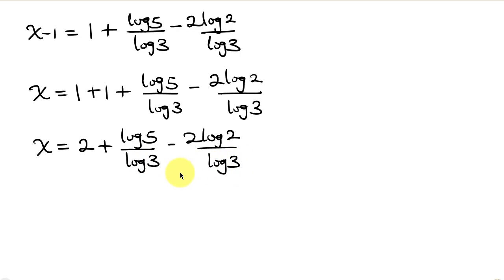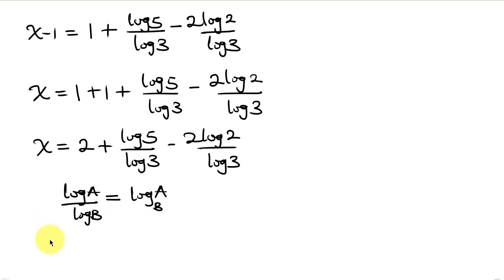We have to simplify further just by applying one property of logarithm, which is the property of change of base. So when I have, for example, the log of a all over the log of b, the property of logarithm says this can also be written as the log of a base b. So I'm going to be writing this and this in this form.